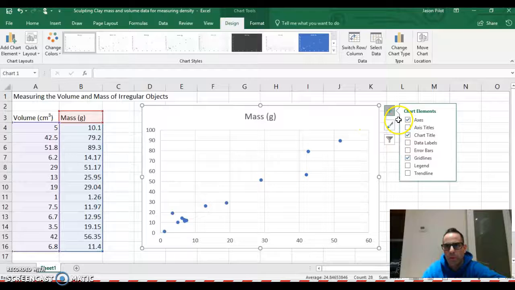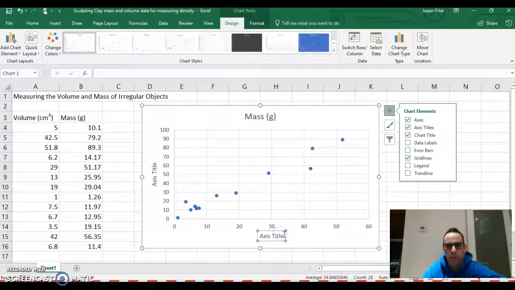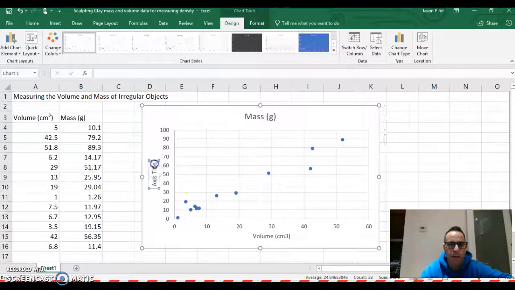Of course, if we're going to make a graph, we're going to put in our titles here. So this is volume, and that's in cubic centimeters. And then we have our mass, and this is in grams.